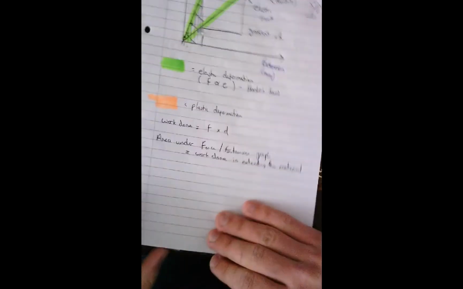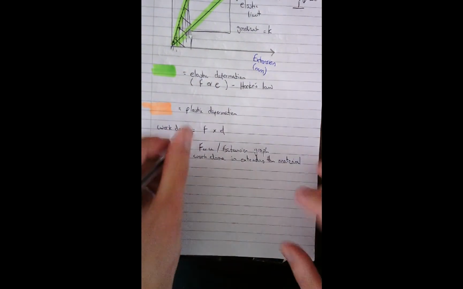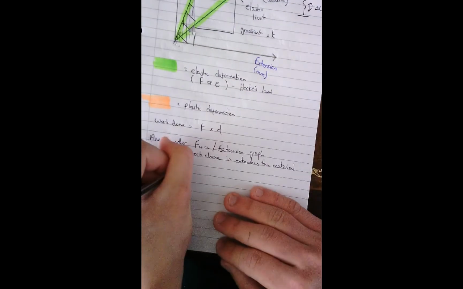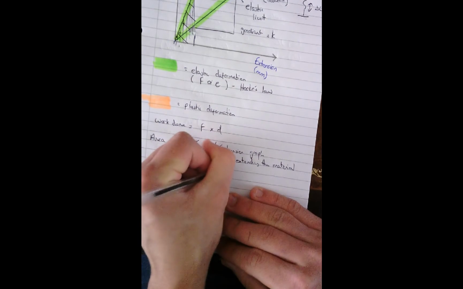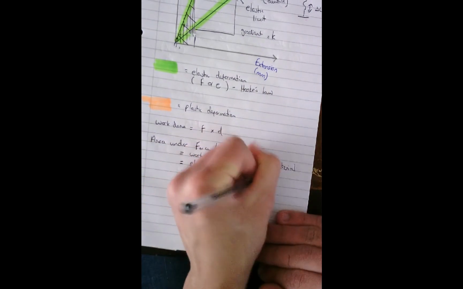And with that in mind, with the area under the force extension graph being the work done in extending the material, that's got to be equal to the elastic potential energy stored by that material.